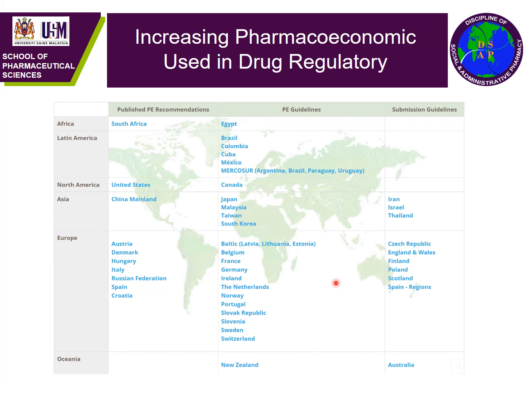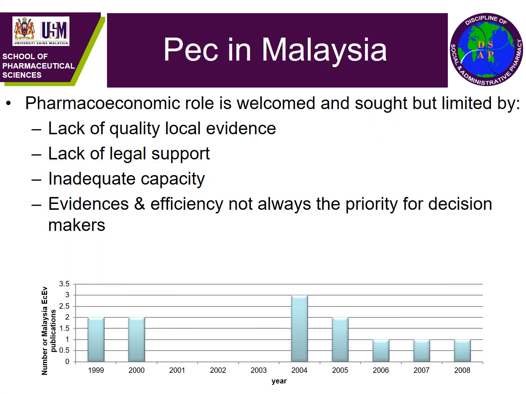Many of them nowadays rely on pharmacoeconomic, either economic evaluations or budget impact analysis, or even both, to help them decide either for regulatory purpose or for reimbursement purpose. In Malaysia, pharmacoeconomic is very much welcome, and to some extent has been made mandatory in the regulatory and also reimbursement for treatment in Malaysia.